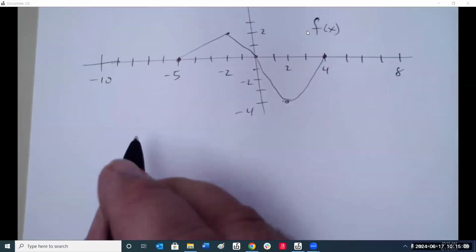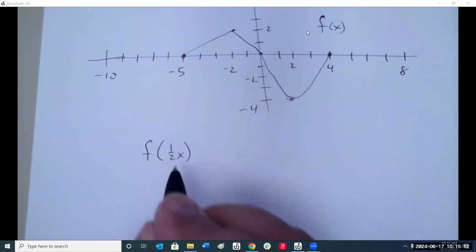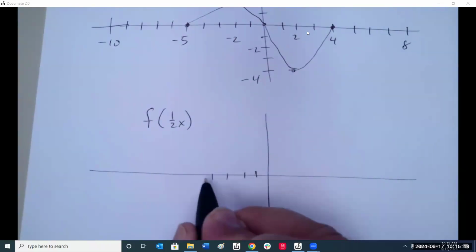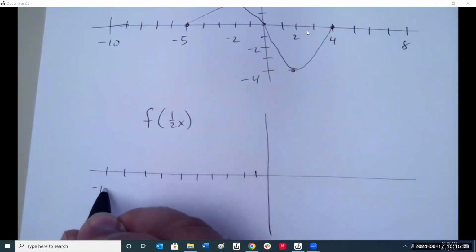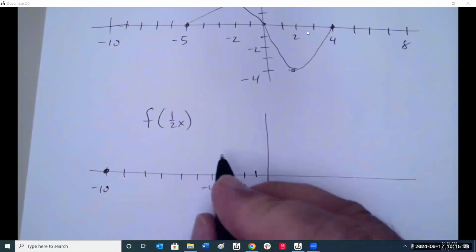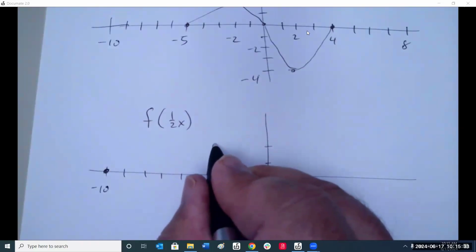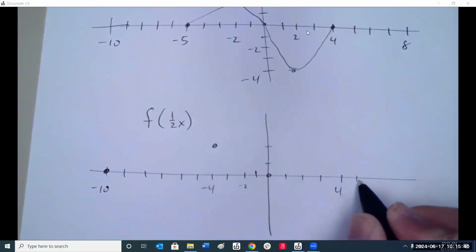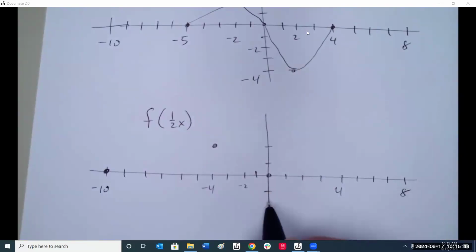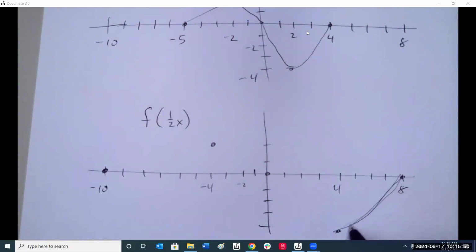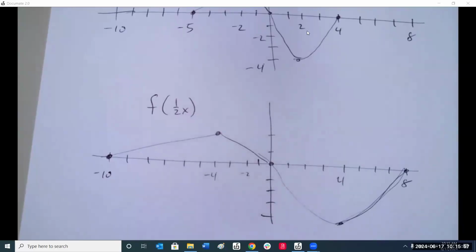The 1/2 in front of it, so here's where I multiply by 1/2.